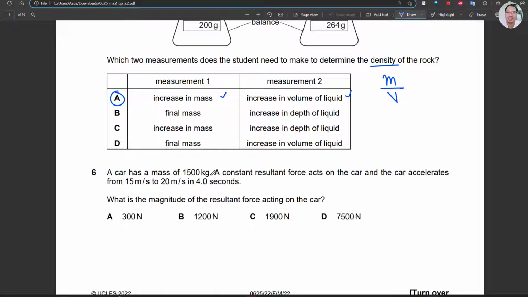Question 6. A car has a mass of 1,500 kilogram. A constant resultant force acts on the car, and the car accelerates from 15 to 20 meters per second in 4 seconds. What is the magnitude of the resultant force acting on the car?